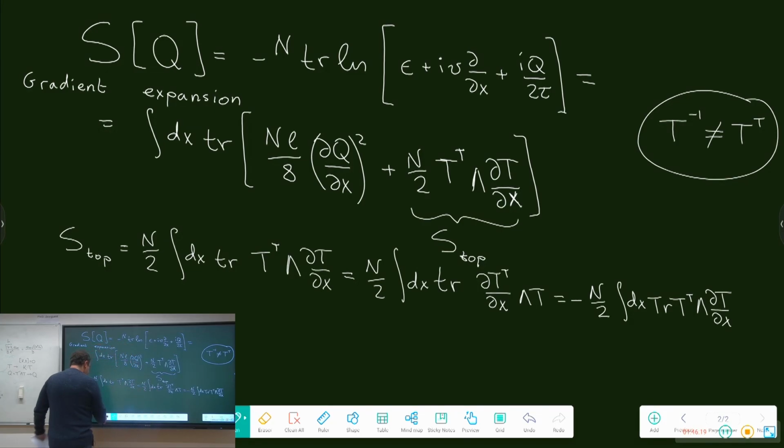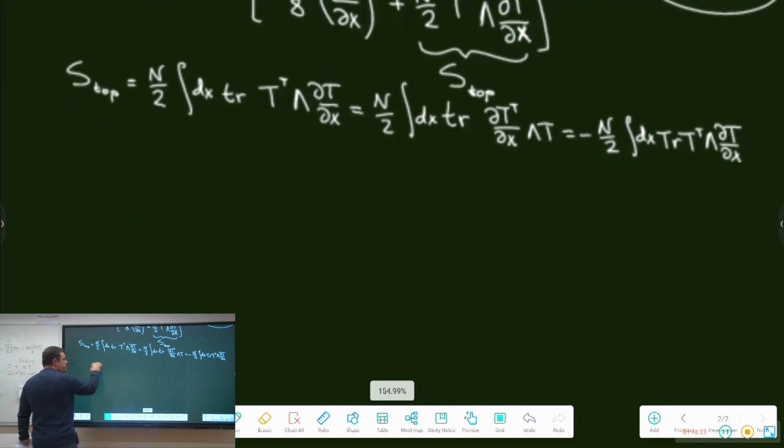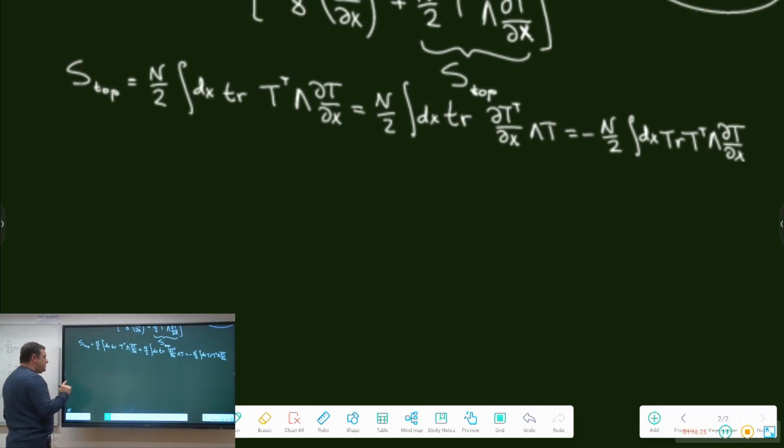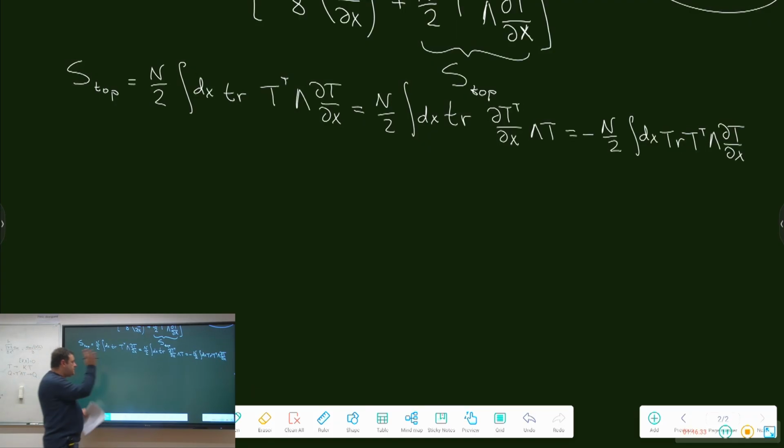So actually the correct form is the following. Well, for like 99% of applications, you can say that T inverse is T transposed in this class.